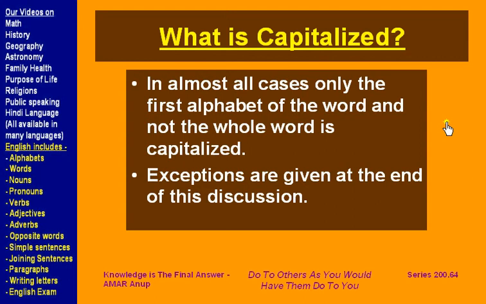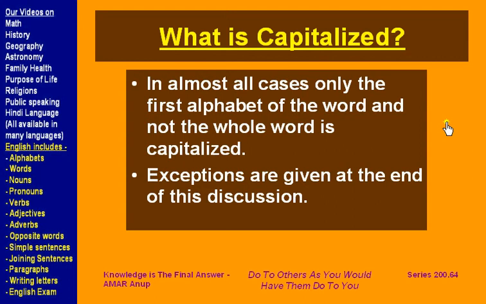What is capitalized? When we talk of capital letters, the question arises: what should be capitalized? In almost all cases, only the first alphabet of the word and not the whole word is capitalized.